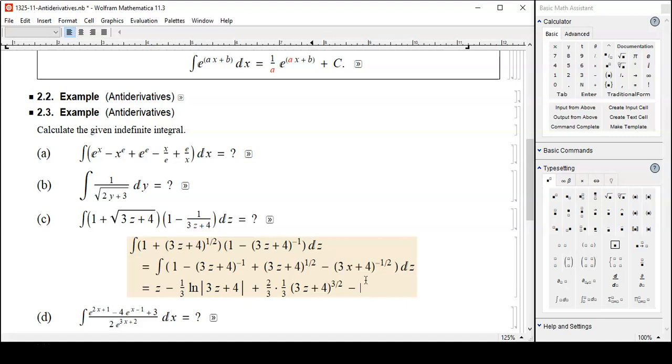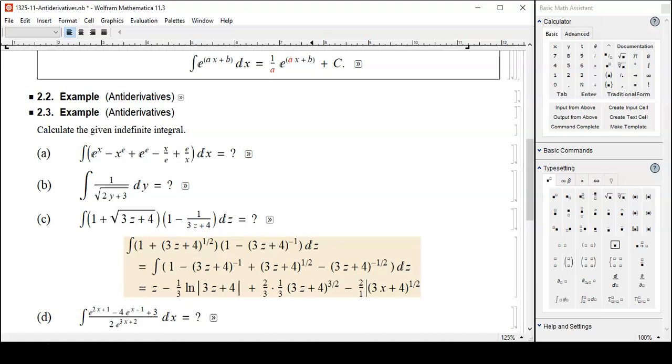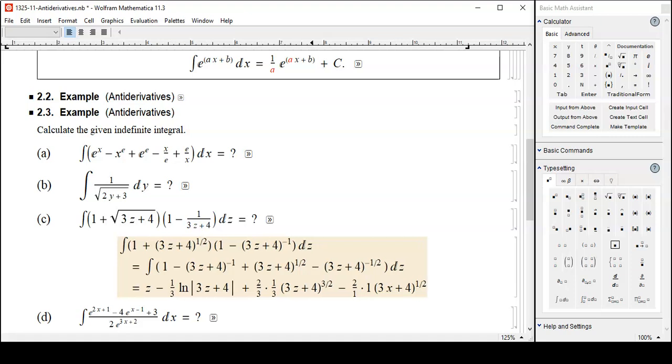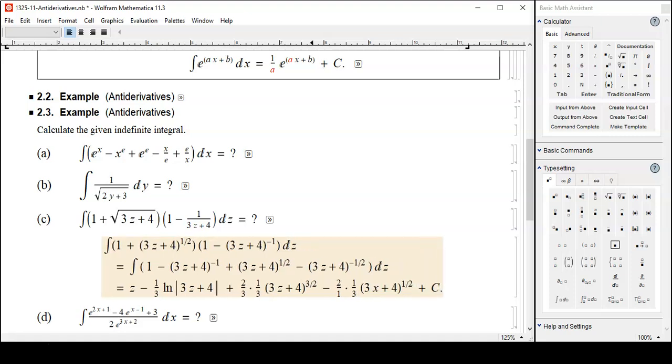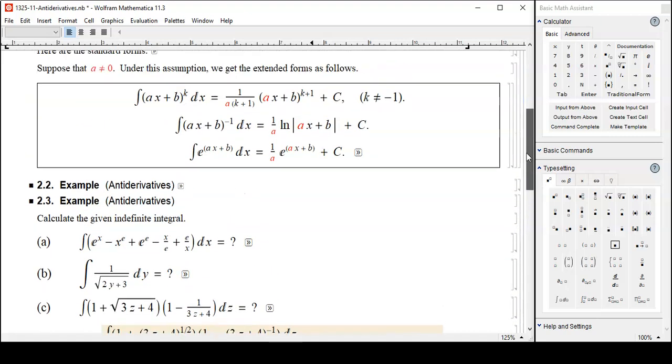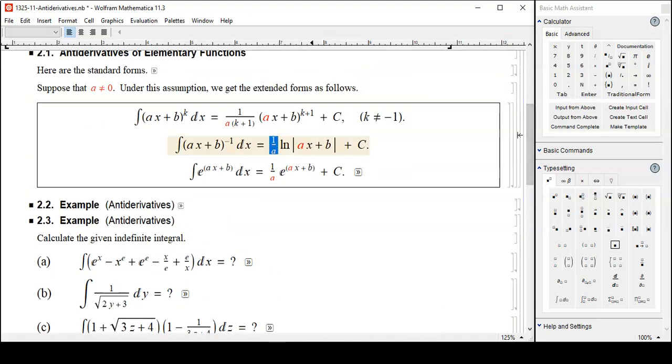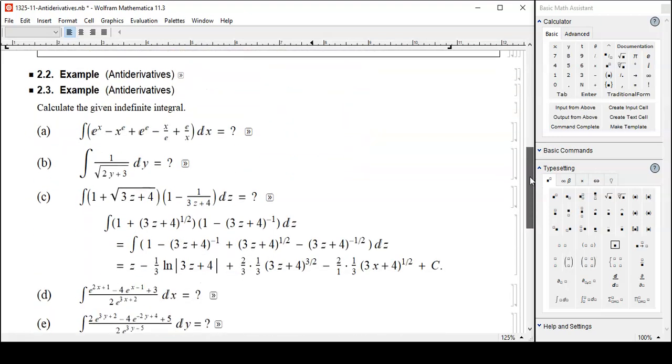How about this one? Ooh, 3z. It's similar. 3z plus 4, add 1, so 1/2 power. So reciprocal. But that's not enough. I need 1/3, which comes from this 1 over a. See?